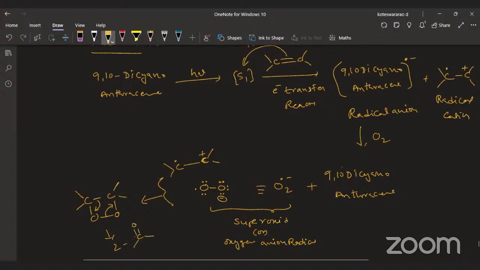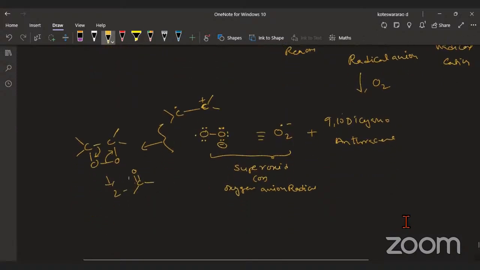This is the general mechanism involved in the oxidation of olefins or unsaturated systems using superoxide, or oxygen anion radical.